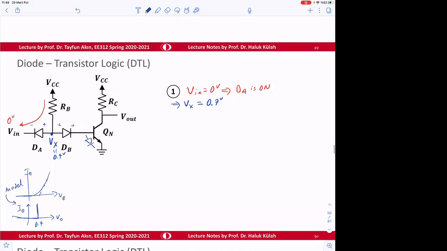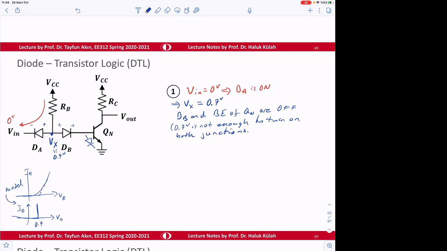So the diode and the base-emitter of Qn are off, because 0.7 is not enough to turn on both junctions.